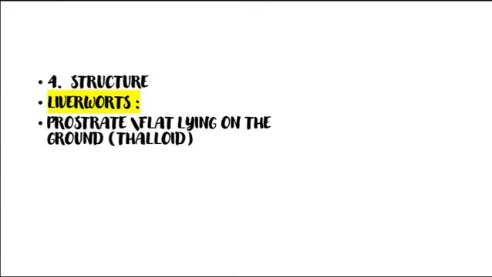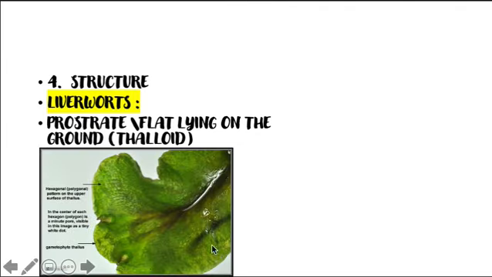So let us talk about the structure of the liverworts. How do they look like? Basically, in bryophytes, there are two different structures which you can find. In liverworts, their structure looks more like a flat surface. If you look at this picture, it looks like a leaf, but it's a flat plant body structure.